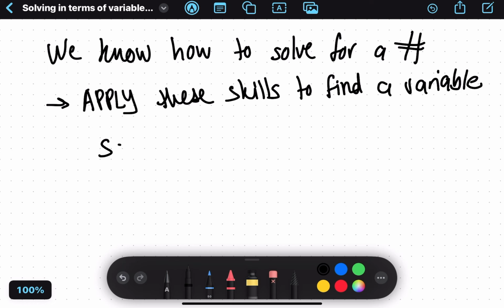So we know how to do 3x plus 10 equals 28.